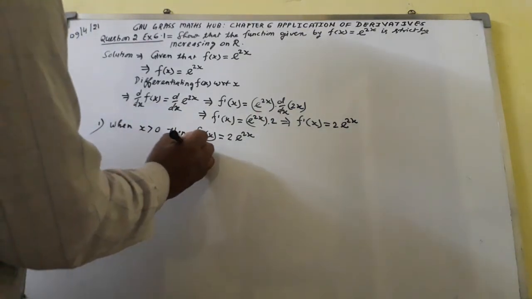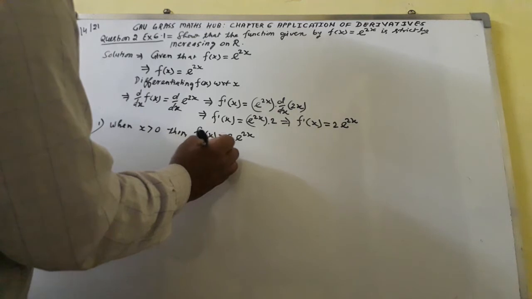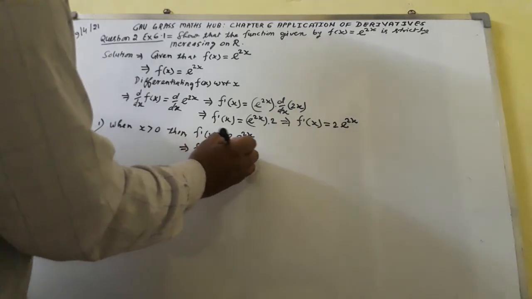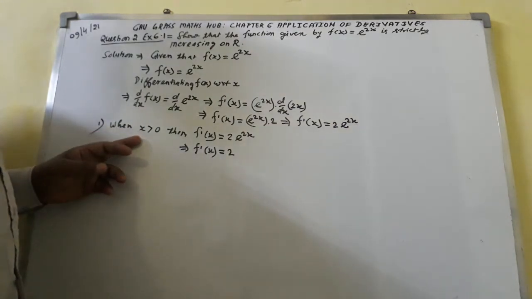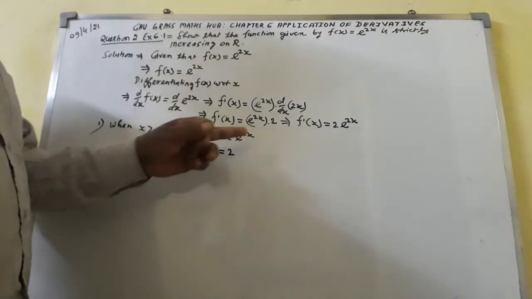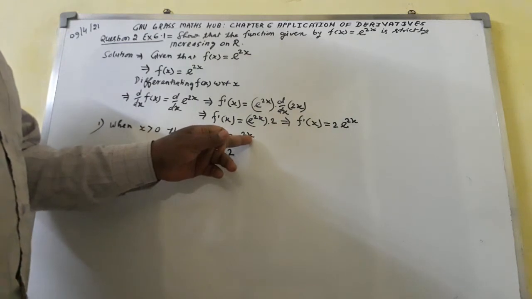Implied that f dash of x is greater than 0, here the value of x is greater than 0. So here also the value is greater than 0.